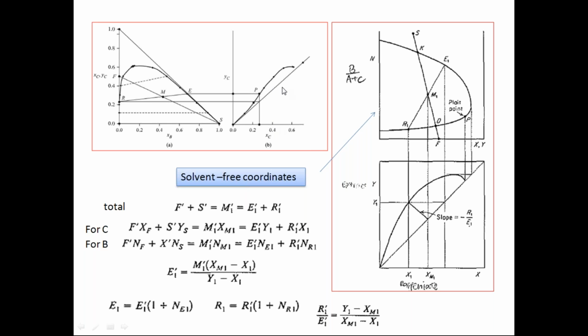If you add certain heat as a flash to the liquid mixture, then a quantity of vapor is generated and vapor and liquid will be in equilibrium. So the extract is analogous to the vapor, and the raffinate is analogous to the liquid. They are getting divided. And the solvent which you are adding to the system is analogous to the heat. If you add the solvent to the feed mixture of A and C, then it makes the divisions into the extract phase and raffinate phase.